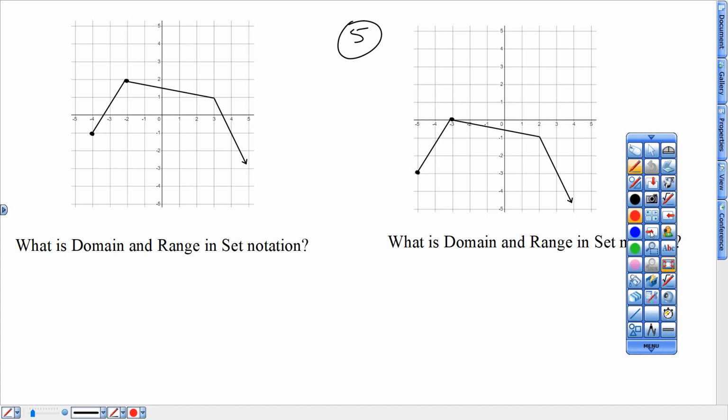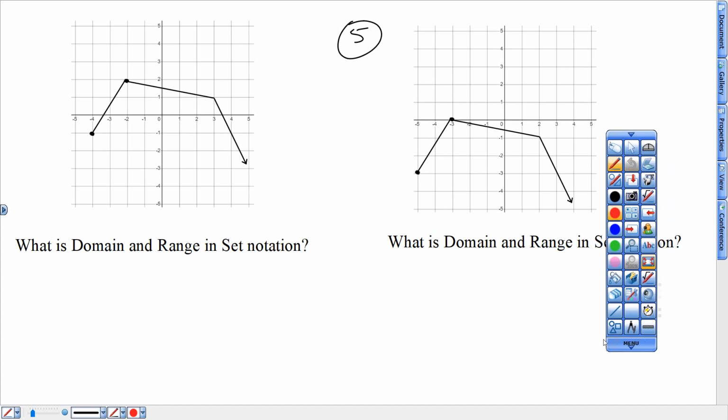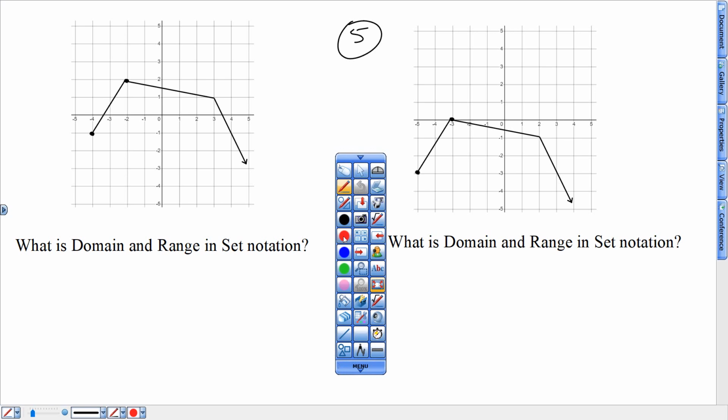This one, I want the domain and range, but we're not going to use interval notation. We're going to use that set notation using symbols. So my domain, measure from left to right, looks like I have definitely a boundary right there for my domain at -4.